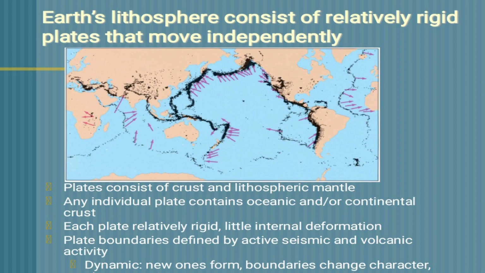Number three, the conservative or passive plate margins. These are the three margins of the plates, and hence the main assumptions of plate tectonics: there are three basic assumptions of the theory of plate tectonics.